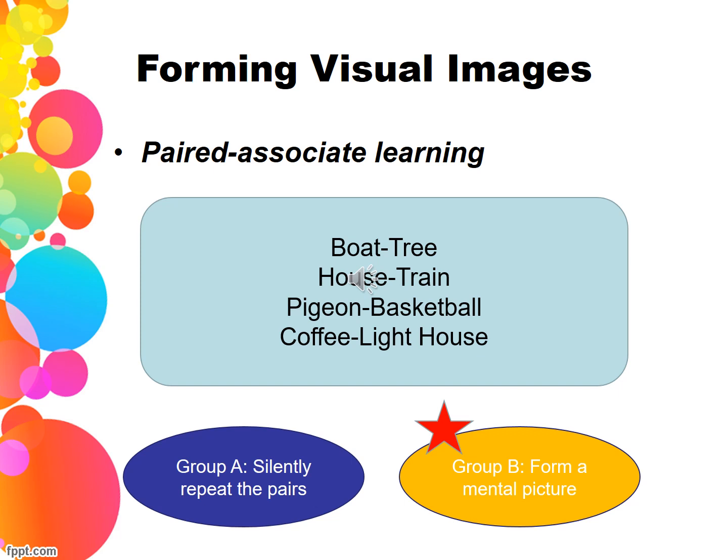In the conclusion of this experiment, it was found that participants in group B could recall more words compared to group A. It means that forming a mental picture can help you enhance your memory and remember more items compared to people who just remember the words.